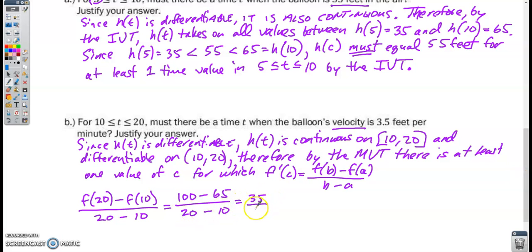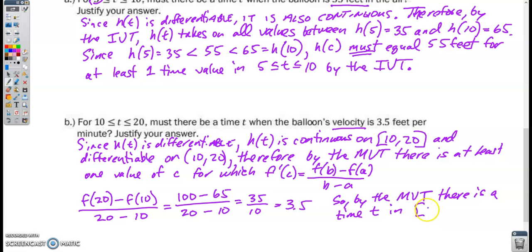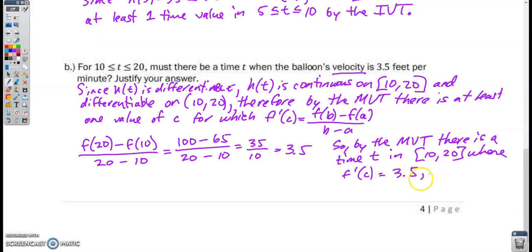That's 35 over 10, or 3.5. So, by the mean value theorem, there is a time t in the interval from 10 to 20 where f prime of c equals 3.5, guaranteeing a velocity of 3.5 feet per minute, since those are my units.